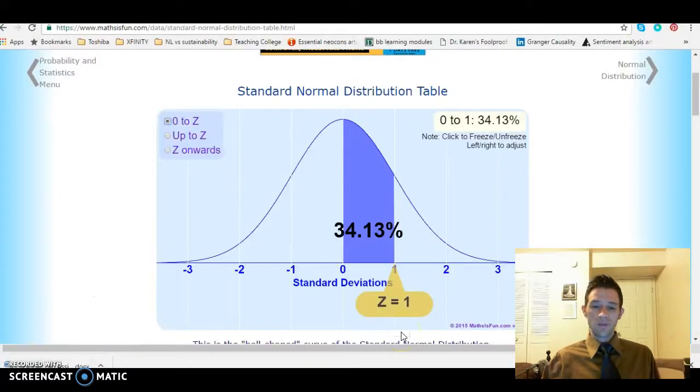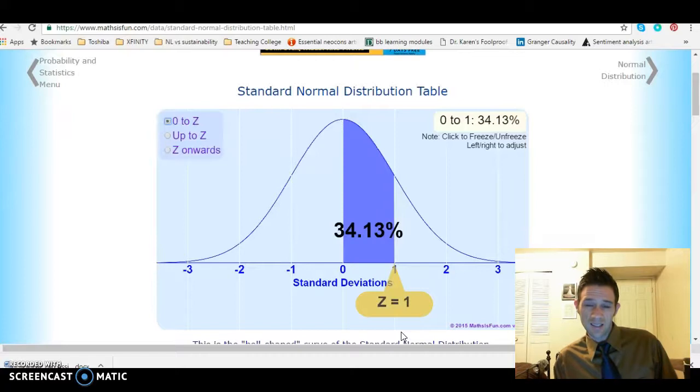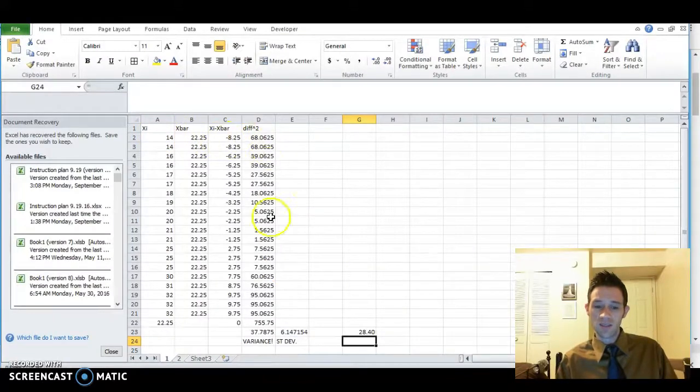It's a little confusing to people at first, and it really takes calculus to understand all of this, but fortunately for you, most people don't love the calculus in a stats class in the social sciences. So what we're doing is just showing you a way that you can compute that using this table.